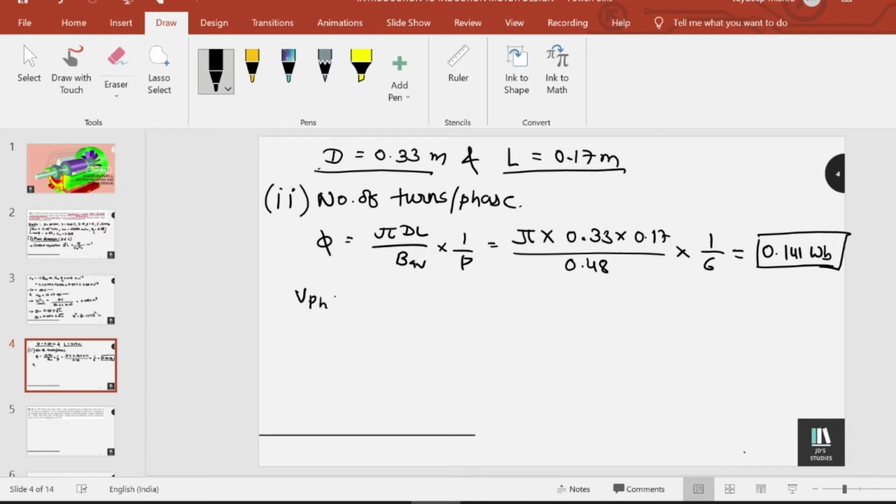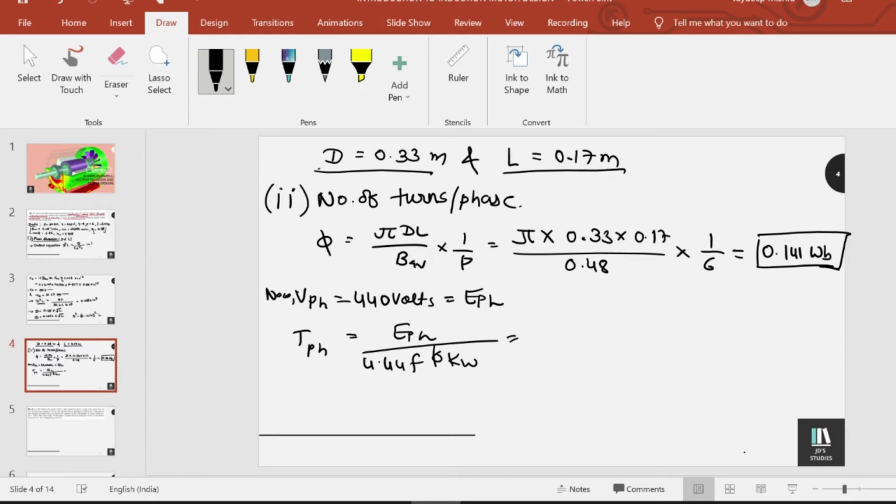Now we have V phase. V phase is what? 440 volt. This is also the value of E phase, so we can find out the turns. T phase is equal to E phase divided by 4.44 f phi K w. K w is the winding factor.